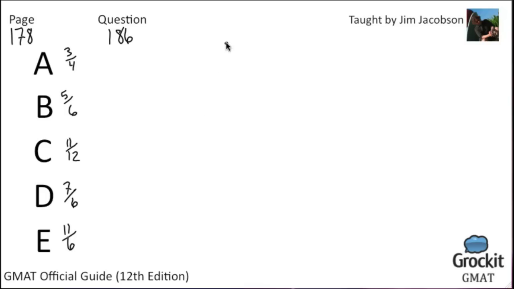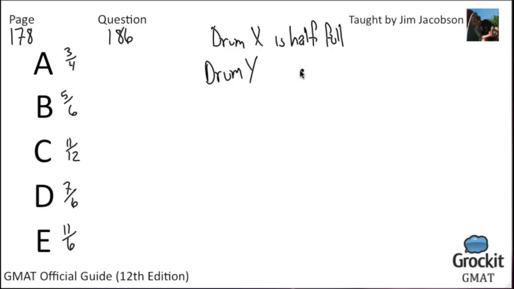Just a little reasoning here. So drum X is half full. Drum Y has twice the capacity. So half of X would be 1/4 of drum Y's capacity.